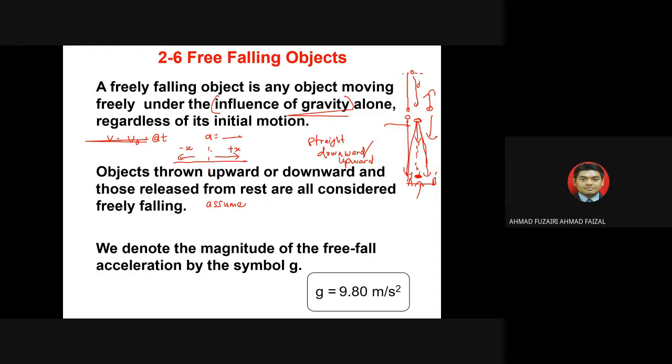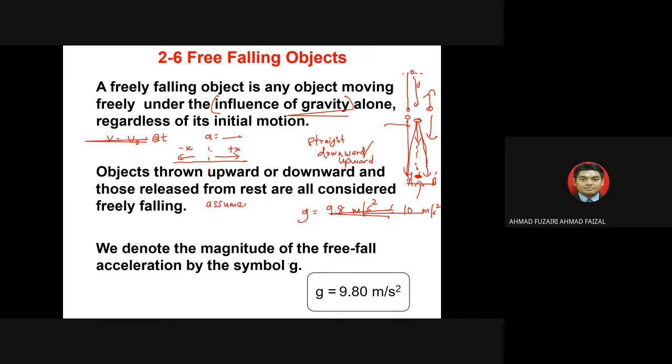So in free falling motion, for the gravity G, we will use the value of 9.8 meter per second square, and it is not 10. Please make sure that you pass your history of what you learned in secondary school.